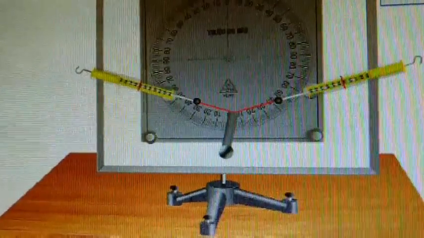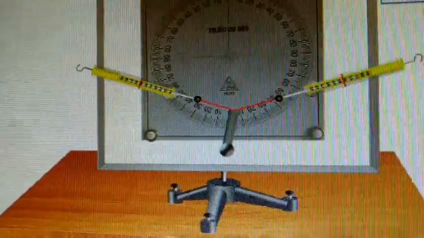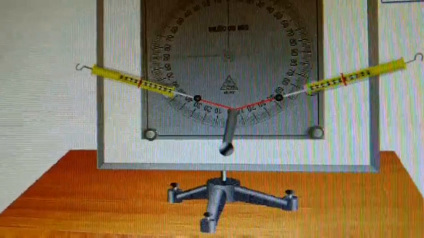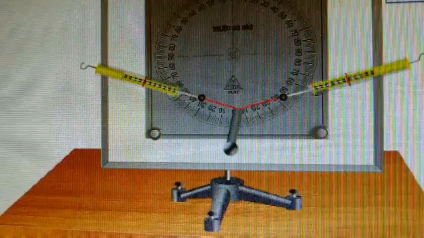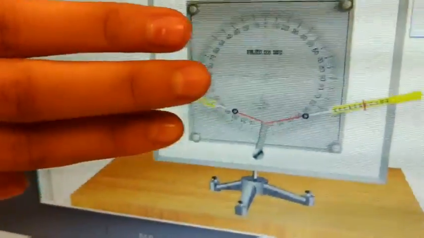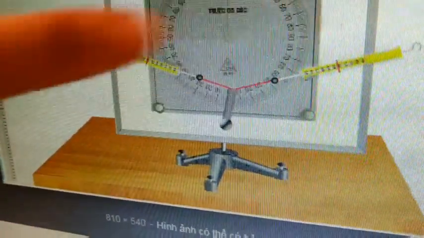The magnitude is measured by a ratio: 1.5 Newton respectively 1 centimeter. We express the two concurrent forces F1 and F2 on the board, mark the node, and then stop. Then we remove them.